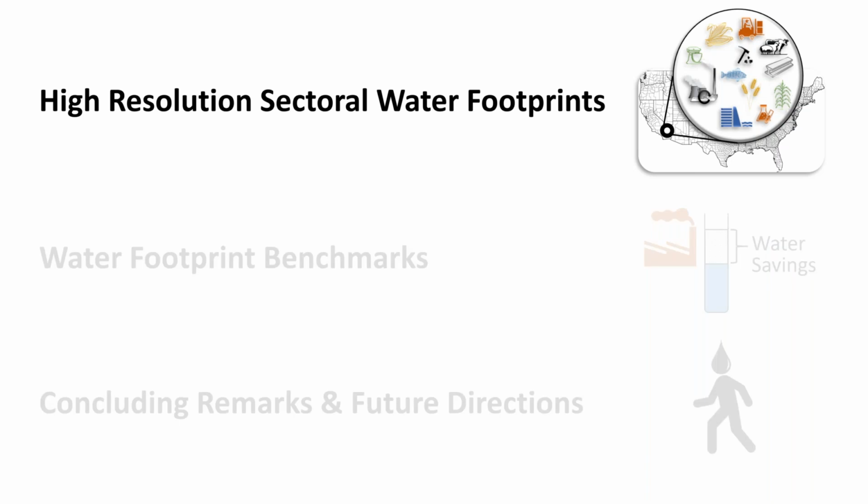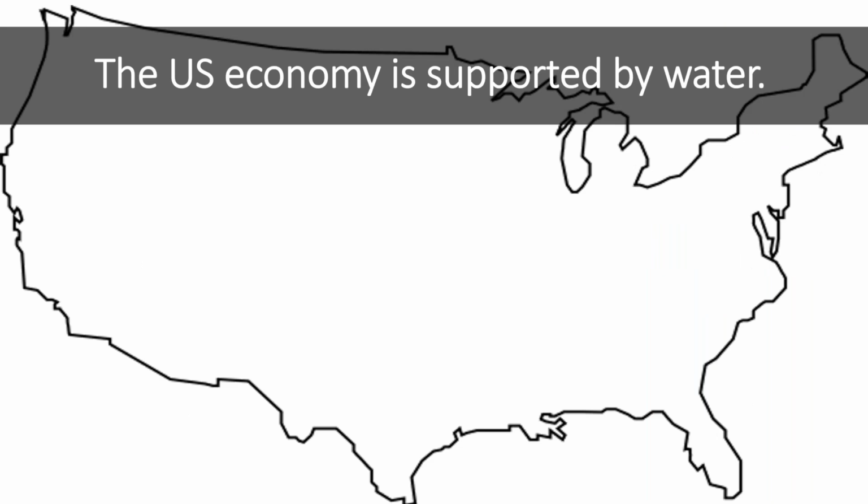So let's start first with the paper that lays the foundation, the data creation that lays the foundation for the analysis that we hope to submit for publication here soon. But this work that we're going to describe now has already been published, as I mentioned earlier. This study is based in the U.S., and we look at how the U.S. economy is supported by water.